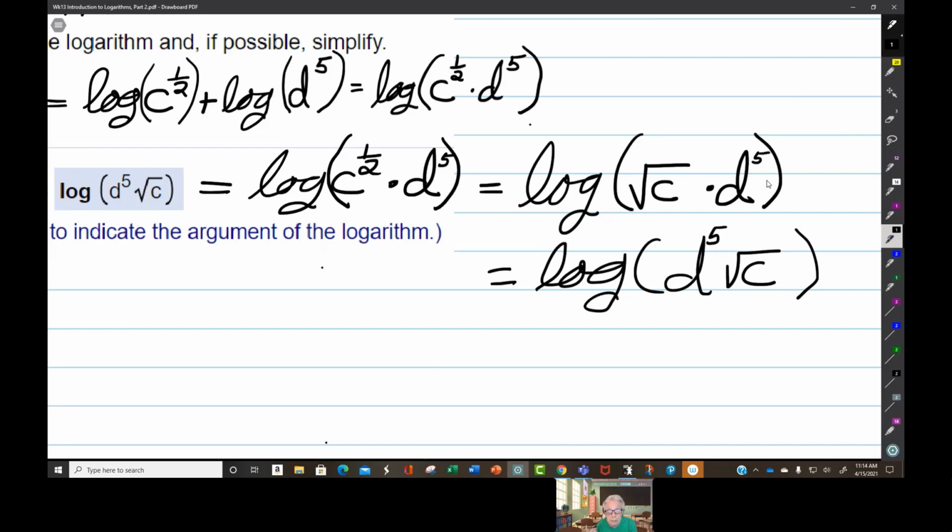Now, custom, perhaps, says that we move what's not under the radical to the front of the radical. So this is going to be the log of D to the 5th times the square root of C.